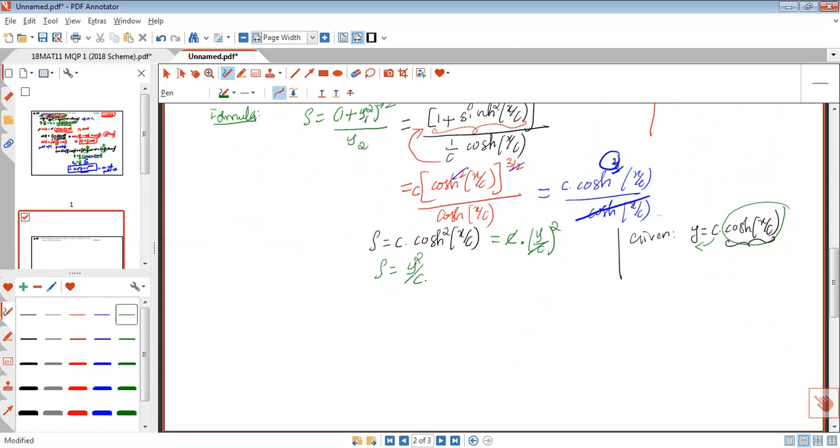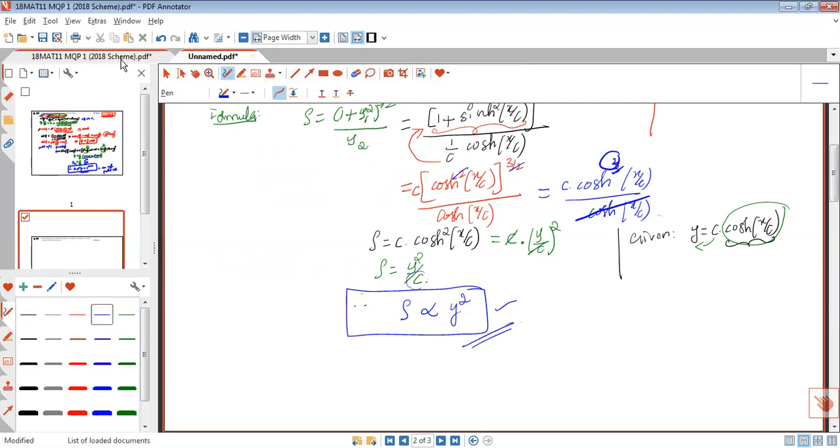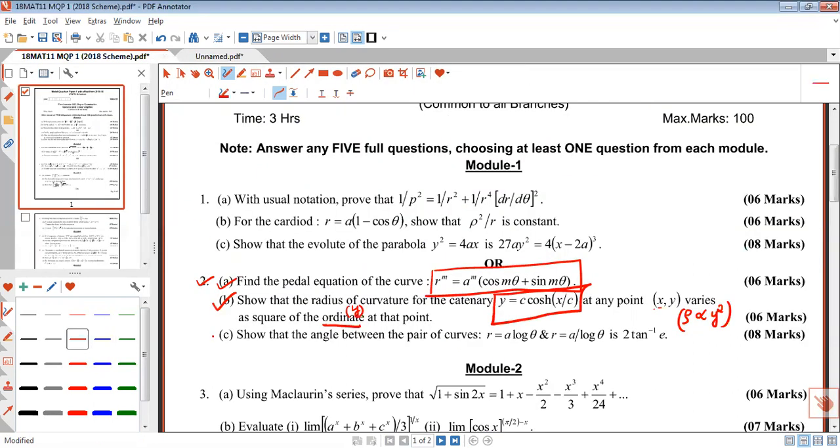Further, c is a constant here, therefore rho is proportional to y square. Since c is constant, I will take it as the proportionality constant. Therefore, the radius of curvature varies as the square of the ordinate, that is the square of the y value. Hence the proof.